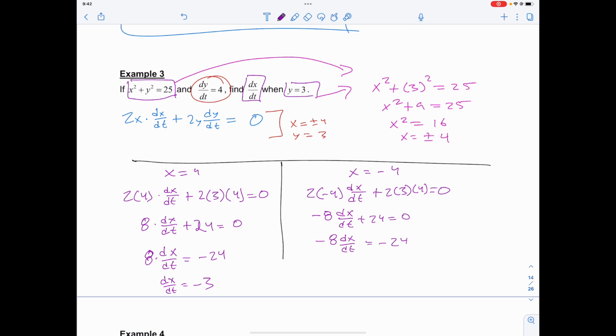And when I divide negative 24 by negative 8, dx over dt is equal to positive 3, which means that dx over dt is going to equal positive or negative 3.